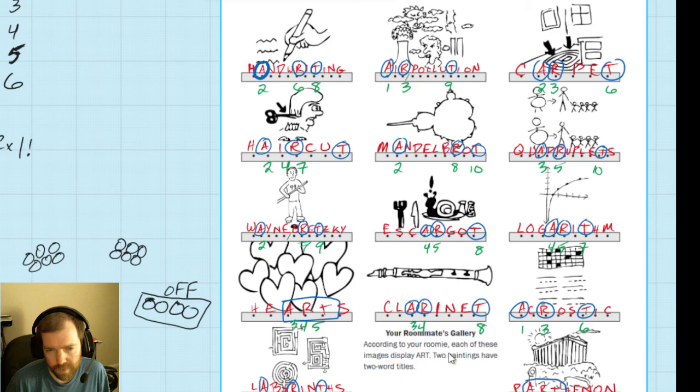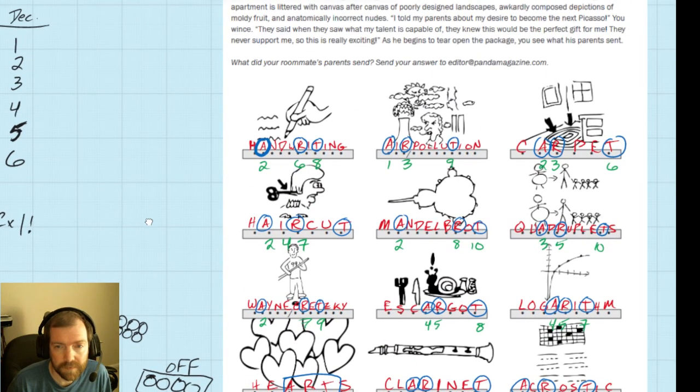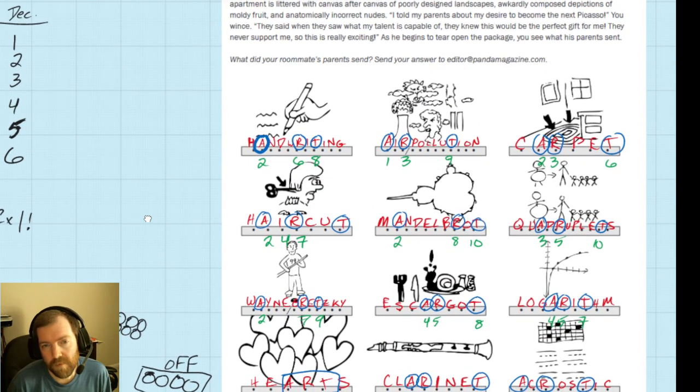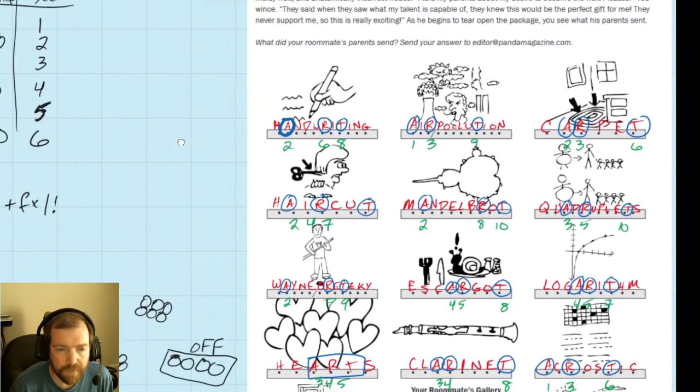Right, according to your roomie, each of these images displays art, so A, R, and T are in the middle of the words somewhere, in order. Anyway.